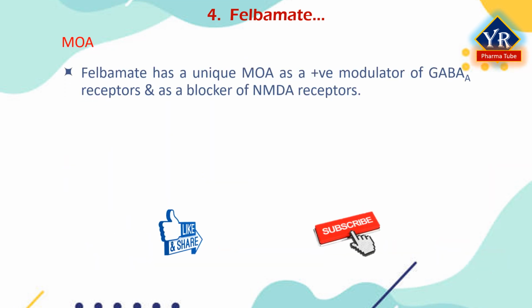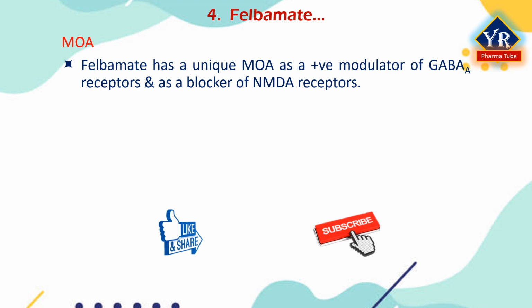Felbamate has been proposed to have a unique dual mechanism of action as a positive modulator of GABA A receptors and as a blocker of NMDA receptors, particularly isoforms containing the NR2B subunit.